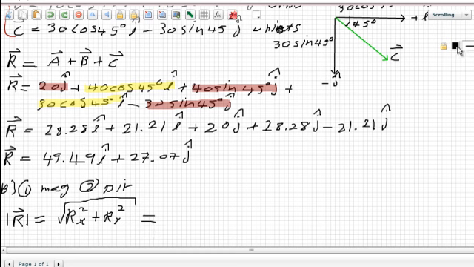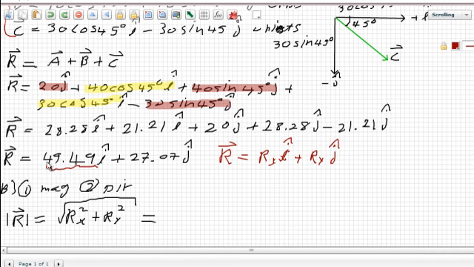If we were to look at our vector r over here, it would be made up of rx, which is really the 49.49 over here, plus, actually I should give it a direction, so it should be rx i plus ry j.